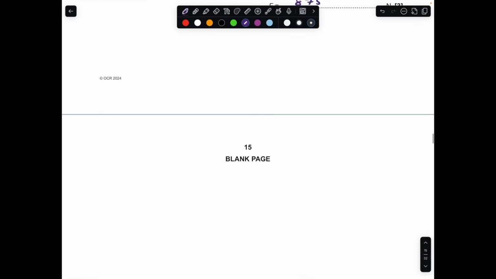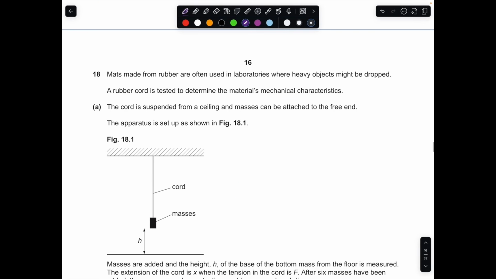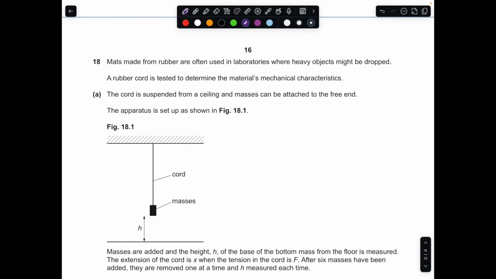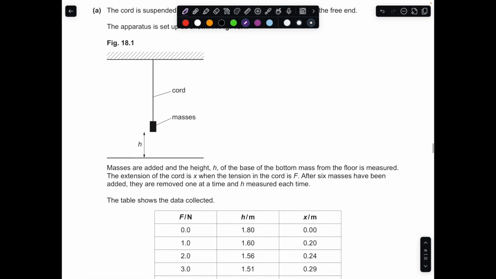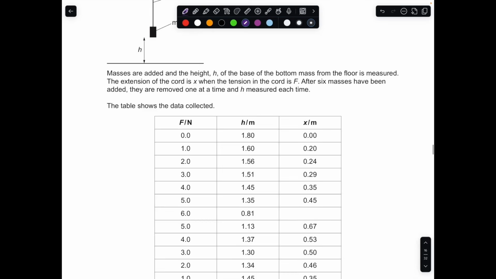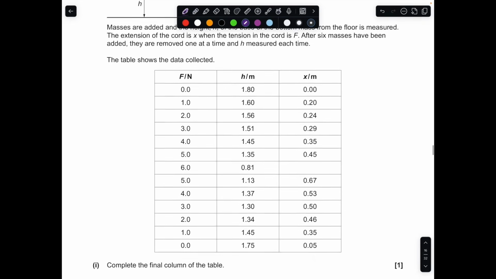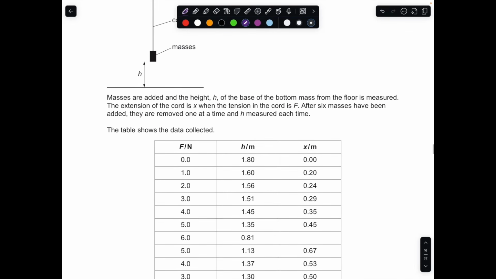Okay, question number 18. We've been given that mats made from rubber are often used in labs where heavy objects might be dropped. A rubber cord is tested to determine the material's mechanical characteristics, and the cord is suspended from a ceiling and masses can be attached to the free end. We've been given a diagram and a bunch of values where the height is from the ground.